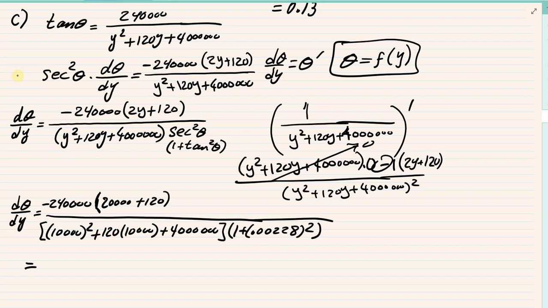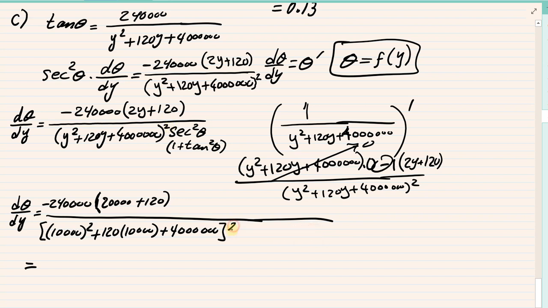Down here I did it, but I didn't transfer the 2 here. So this should be squared. Now it looks better. Please make a note of that. Be careful with that. Don't make the mistake I made there. That's squared over this thing.